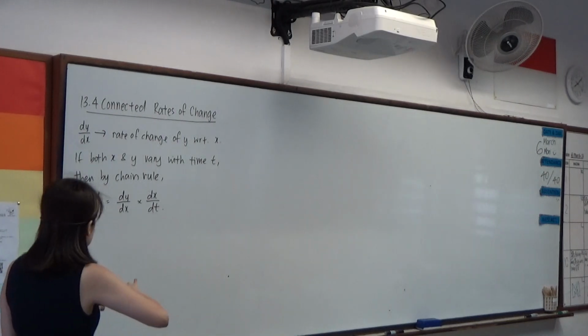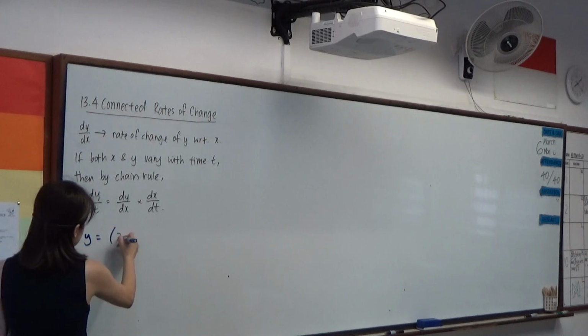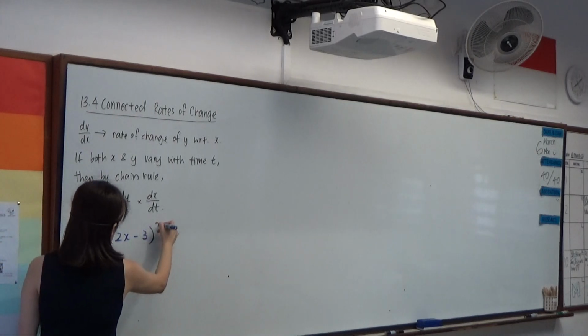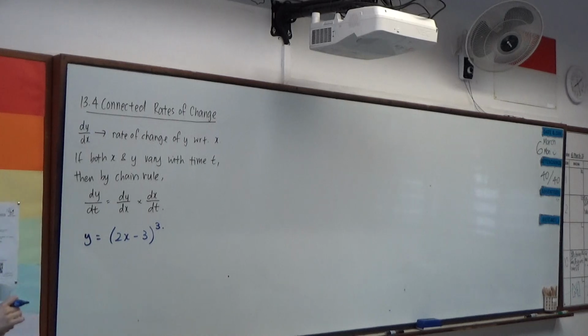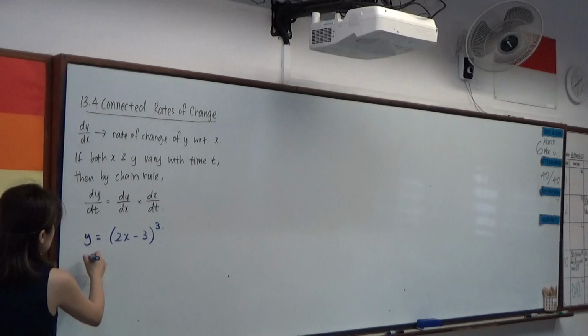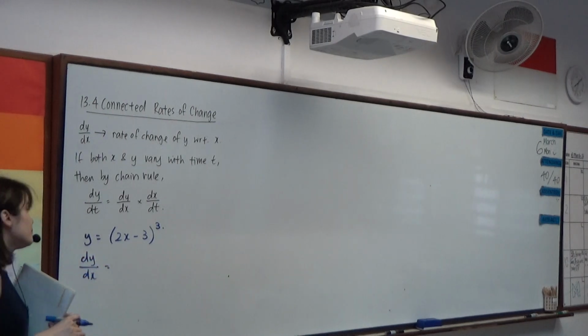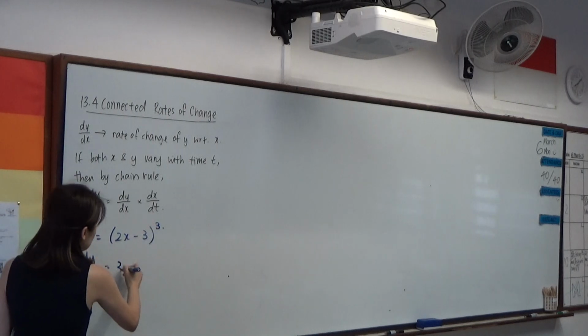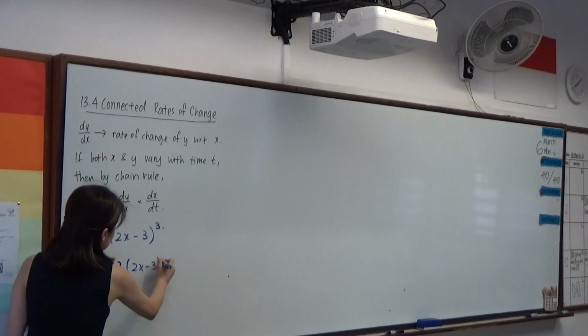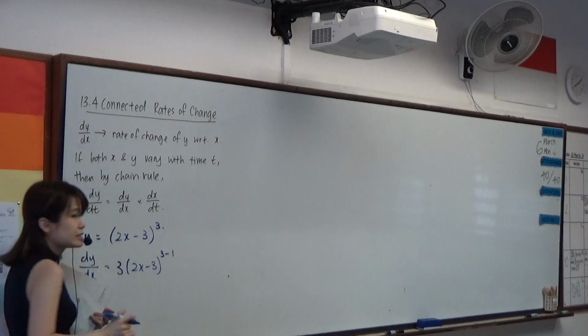Let's go back to understanding how chain rule applies. For example, if I have y equals (2x minus 3) to the power of 3, we know that in applying our chain rule, we will first bring down the power, keep the base, then power minus 1.